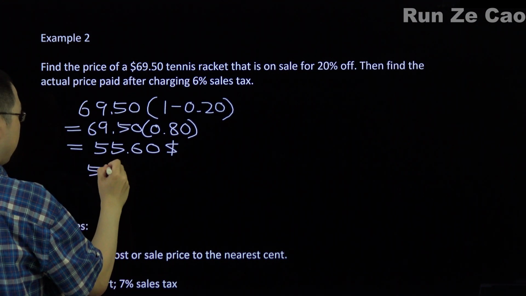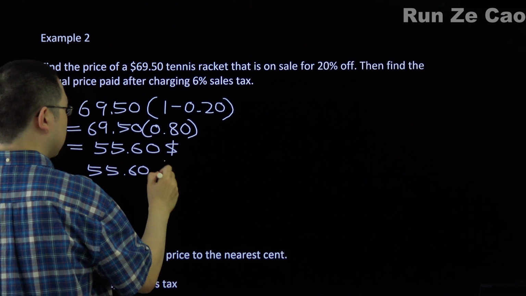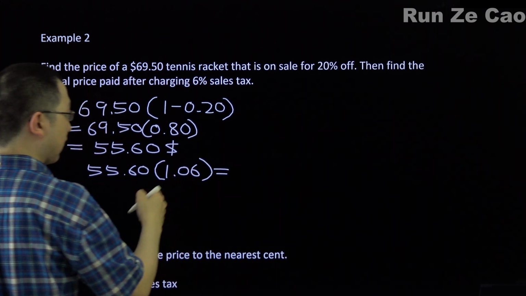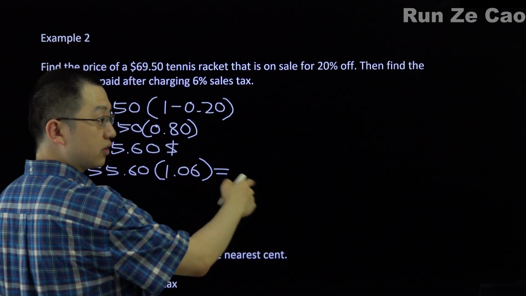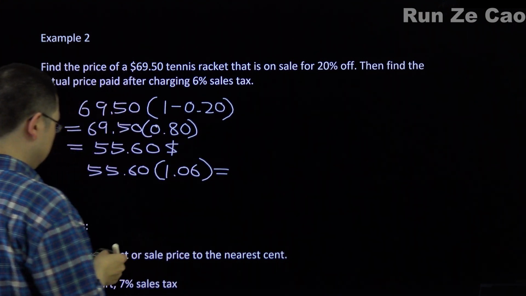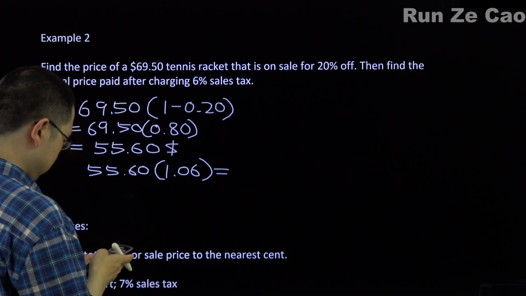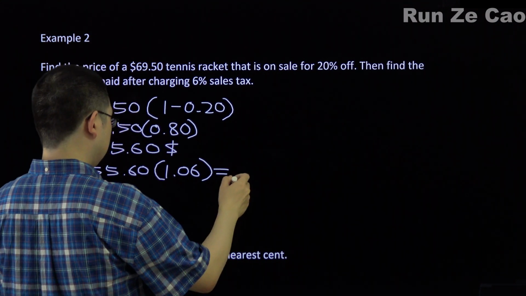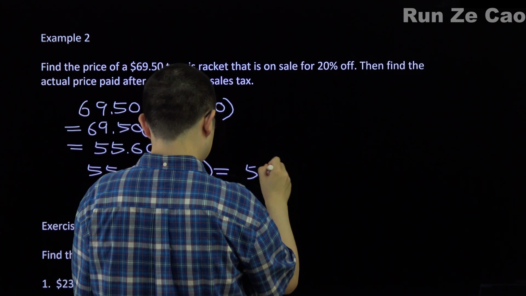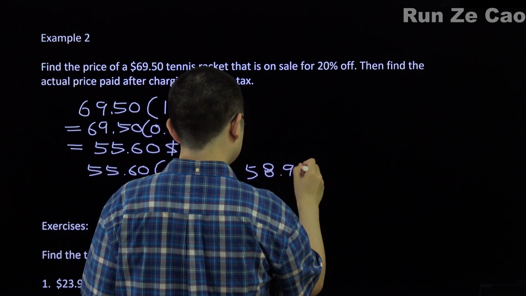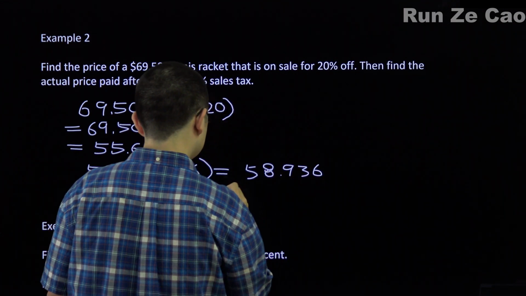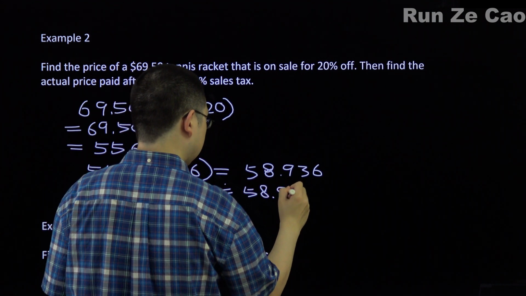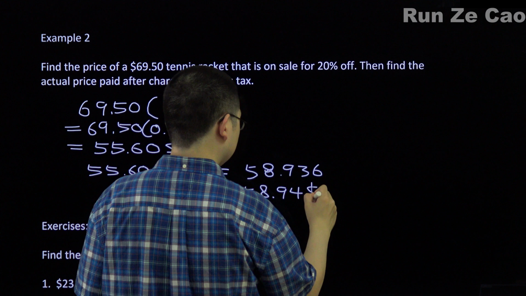Well, 55.60 times 1.06 for the 6% sales tax, 1 plus 0.06, is 58.936, which should be approximately $58.94.